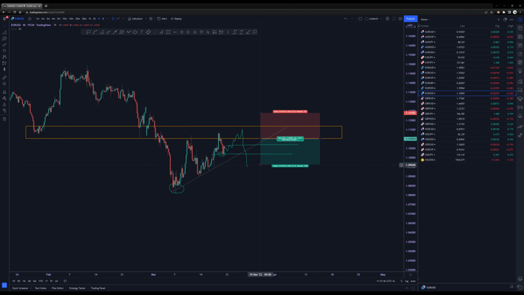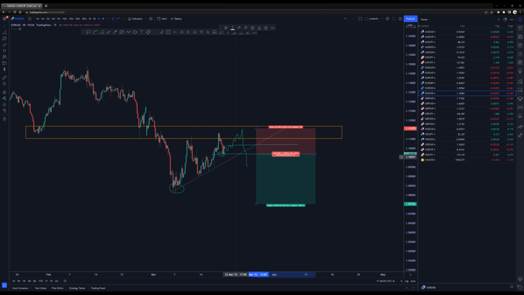Let's move that down here. That would give us a little over 260 pips. If they give us a higher low that's higher than this one, and we wait for them to break this low here, that would be close to about 200 pips.